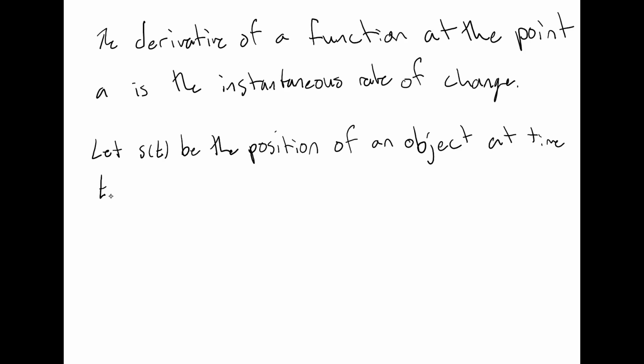Now, the first thing we want to make a note of is S of t is going to be differentiable. The reason we know it's going to be differentiable is because it's the position of this particle, this object, whatever we're talking about, right? So it's where it's at.